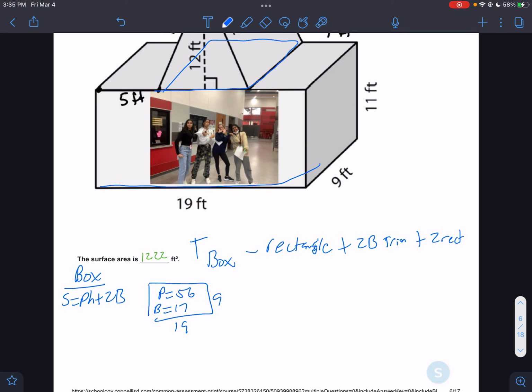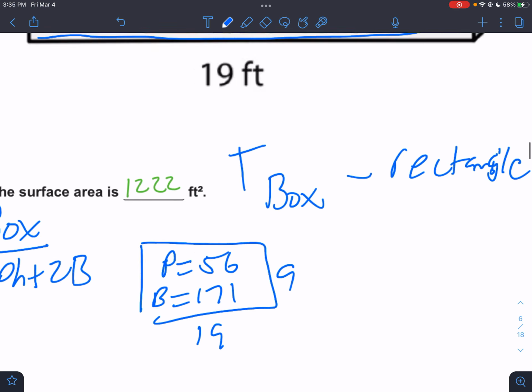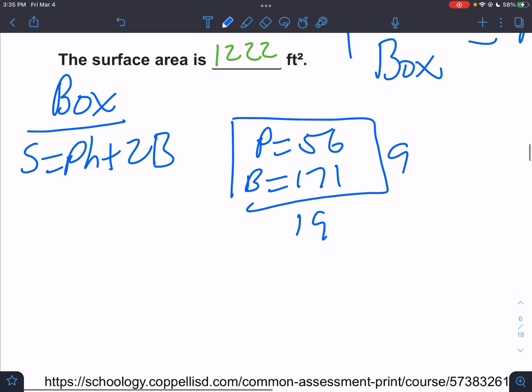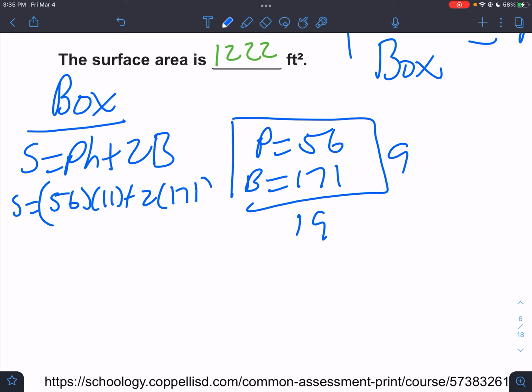The area is 171. And the height in this case would be 11. So it's going to be 56 times 11 plus 2 times 171. And I get the total of the box to be 958.